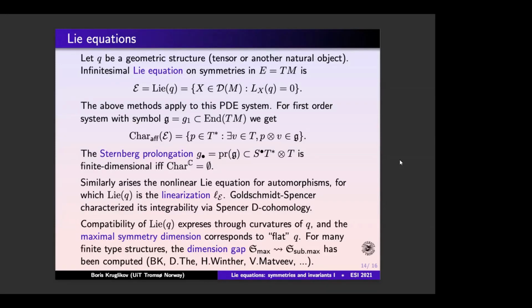But often there are gaps, not all dimensions are realizable, and which are realizable is a very complicated problem. For Riemannian metrics, the first three gaps were understood. There's one gap, then two dimensions allowed, then another gap, and so on. But in other geometries it's already too complicated, and even the next dimension, called submaximal, is sometimes challenging. There were some results due to the work of Denis, Henry Winter, Vladimir Matveev, Len Kozolabova, and myself in this direction.